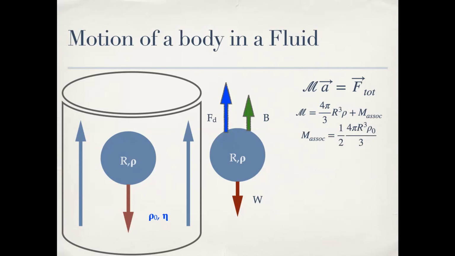That simple formula, that this associated mass is just 1/2 of the mass of the liquid which was previously in the region now occupied by our body, is only possible for a sphere.